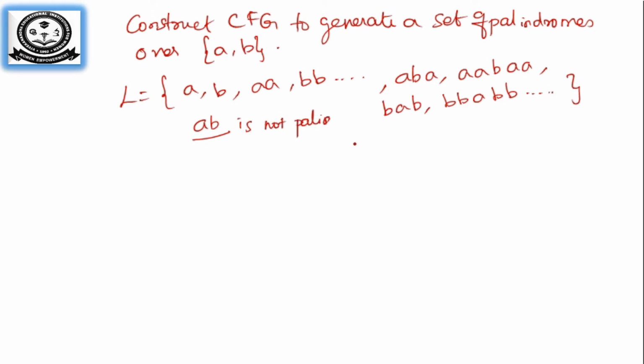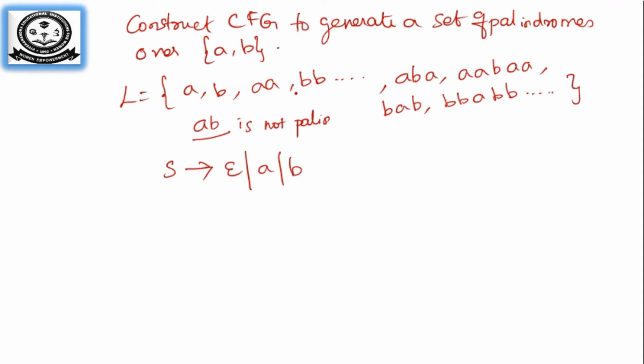So how do we generate a CFG grammar for this? First you have to write the production rules. So let us have a starting variable S equal to, we know that it can also be empty, so we will have epsilon, or we can have A or B. So this is the first rule we generated for the first few strings. Suppose I need multiple A's or ABA, so what shall we do?